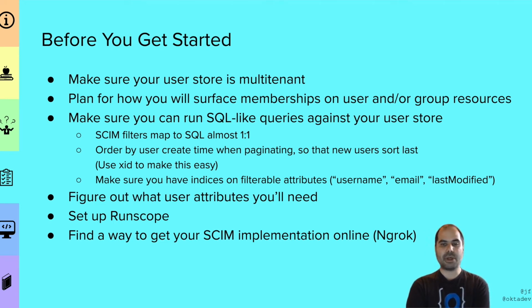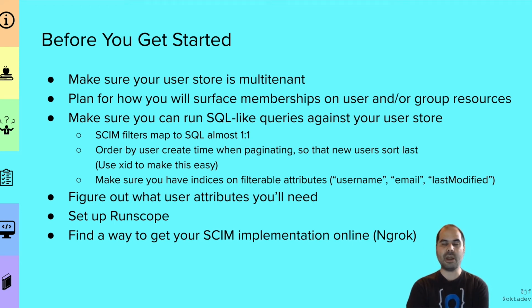Not only that, but there's a couple other things you want to keep in mind. Again, from our Okta engineer, something you want to do is when you're paginating, when you're returning a list of user information or group information, if you've got thousands, tens of thousands, hundreds of thousands of users, you're not going to want to return one big result with 100,000 users. You're going to want to return 100 at a time, 1,000 at a time.